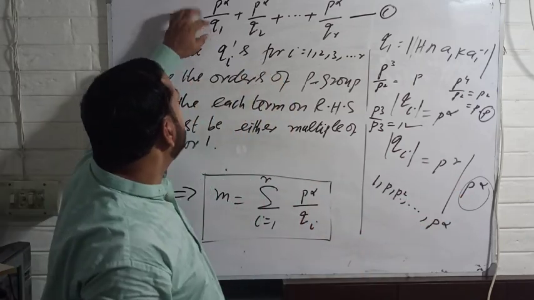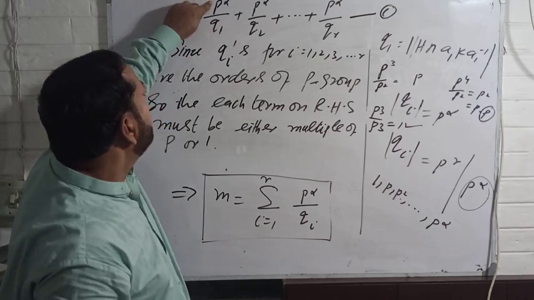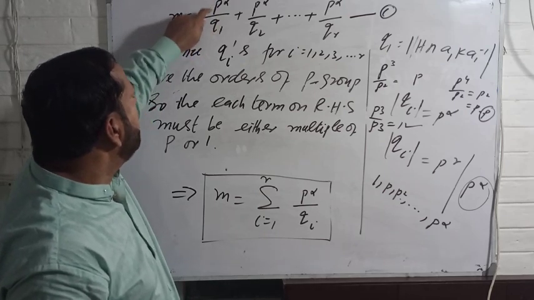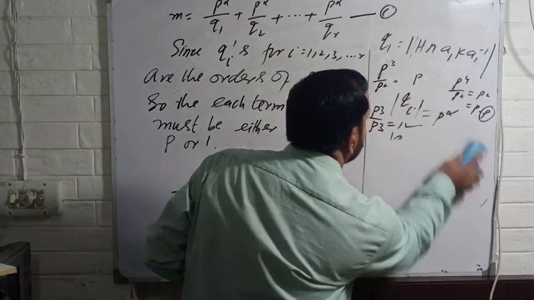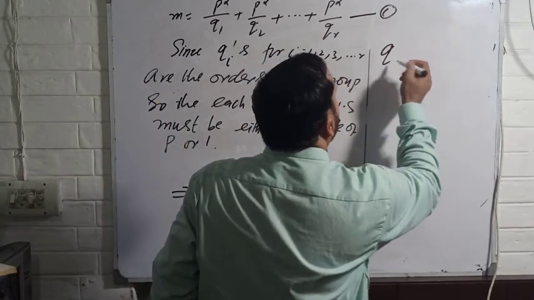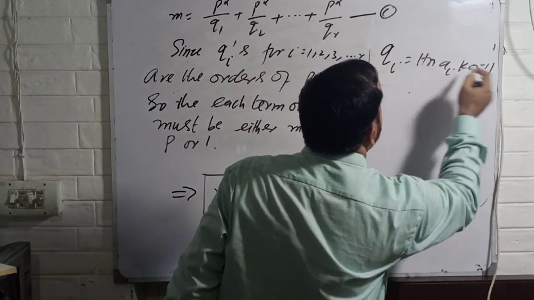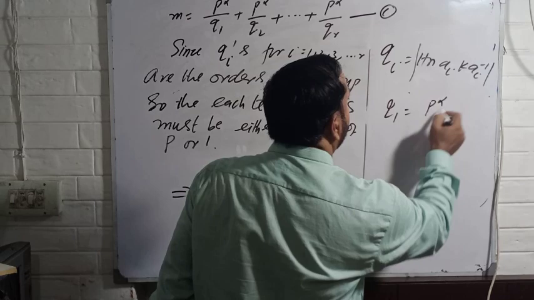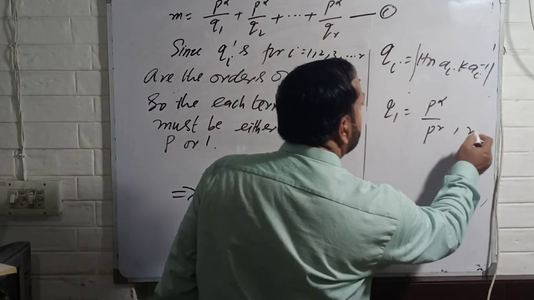Or each term after dividing, because this is p power r1, either r1 is equal to alpha or r1 is less than alpha. If I am discussing p power alpha by Q1, you know Q1 is in fact the order of H in A1 K A1 inverse, right? So if Q1 is equal to p power alpha by p power r, you know r is less than or equal to alpha.